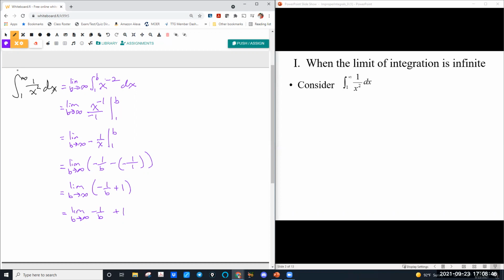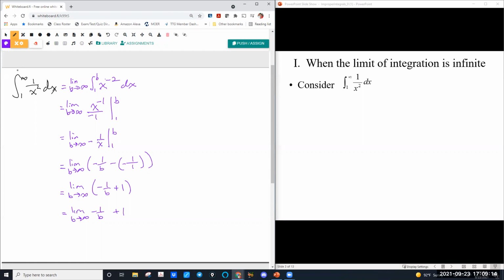Now, there are a couple of different ways we can approach this limit. First way is analytically. Think about what's happening. The numerator is going to stay 1, and the denominator is going to go to infinity, and then we're going to make it negative. But think about what that means: 1/10, 1/100, 1/1000, 1/1,000,000, 1/10,000,000, 1 billion.